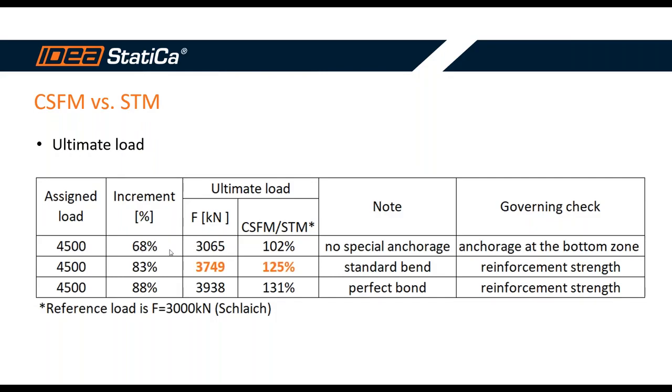Maybe I didn't mention that the analysis in IDEA StatiCa Detail in CSFM is non-linear, and the structure is loaded in increments. So I overloaded this concrete member, and the analysis stopped at some level. For the first row, it's 68%, then 83 and 88. And then I calculated the actual load which was transferred through this structure.